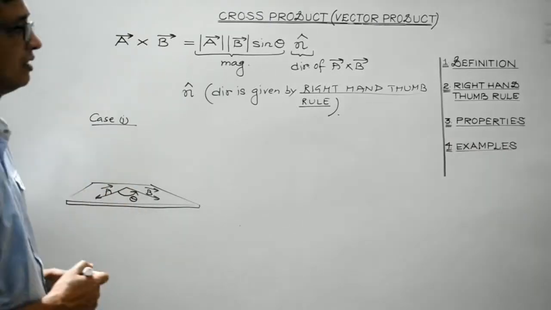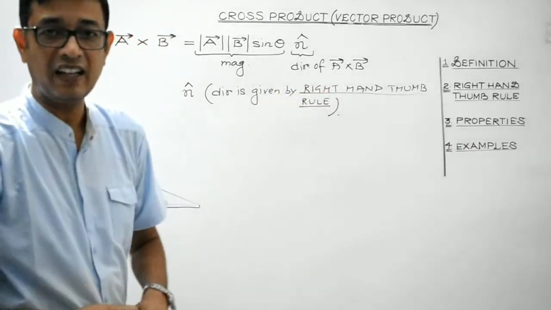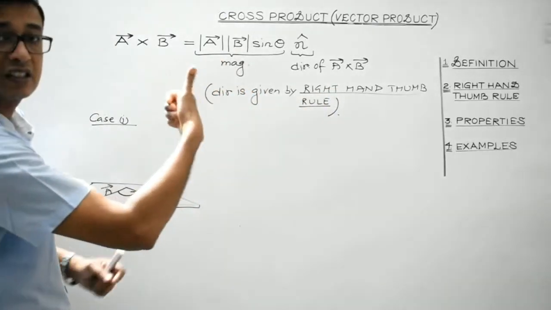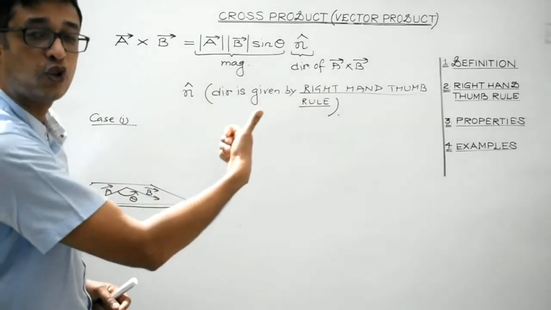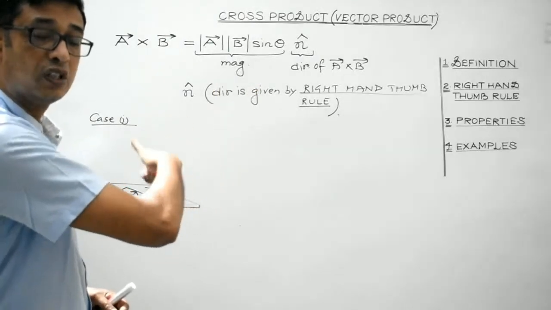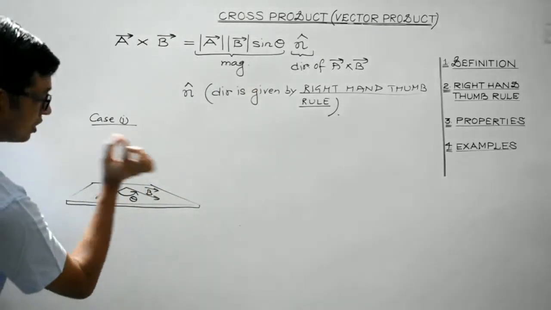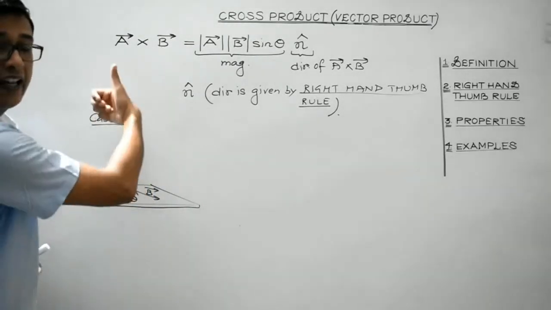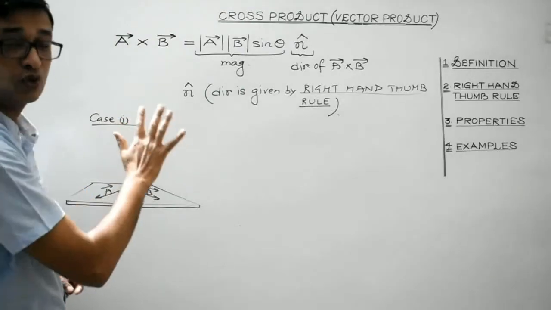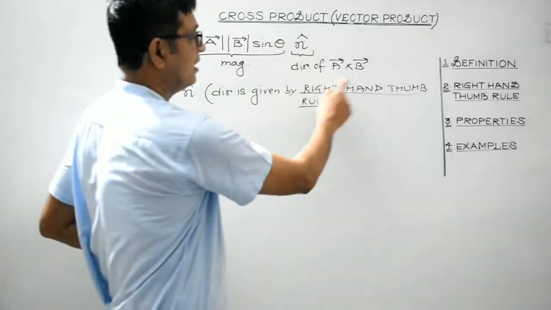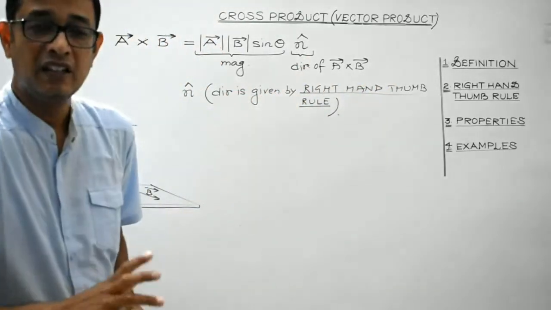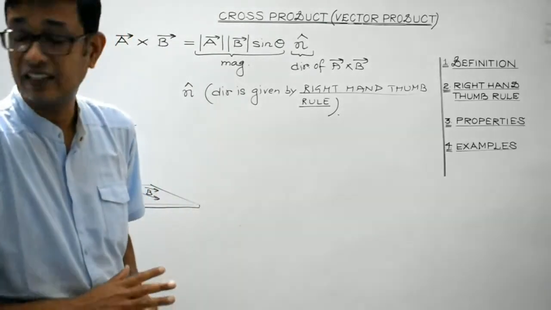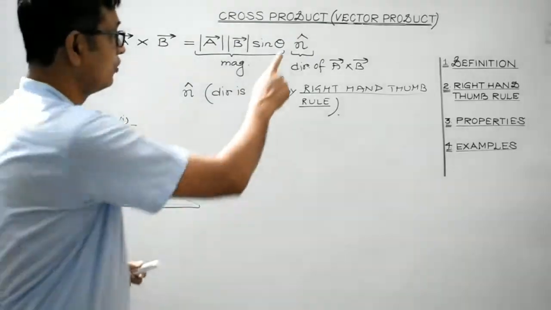In this case, the right hand thumb rule states that in the right hand, if the fingers curl along the direction of rotation of vector A towards vector B, then the thumb will point towards the direction of n cap. Clear, students? I repeat, the right hand thumb rule can be used to determine the direction of the cross product of any two given vectors. That will give us the direction of n cap over here.